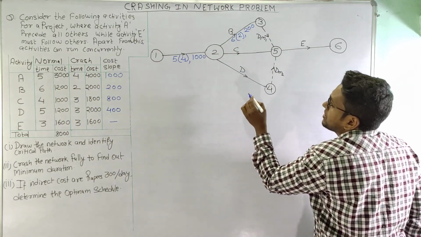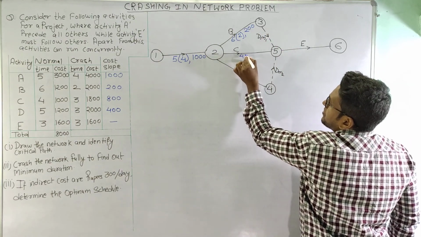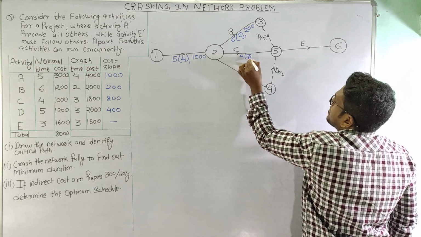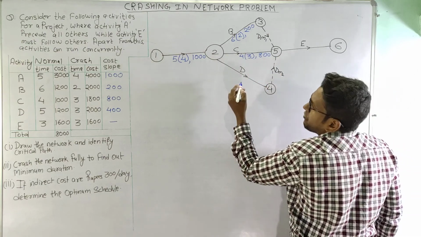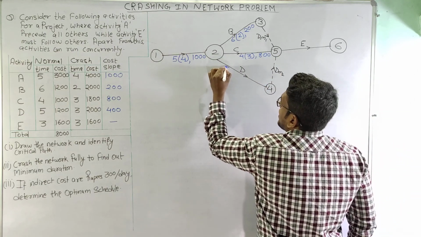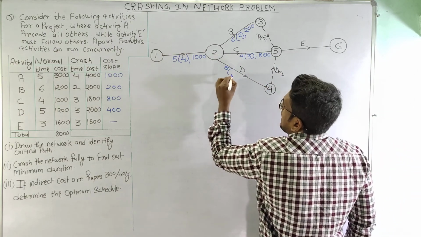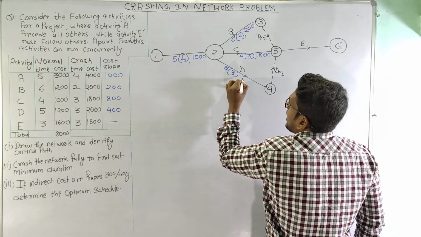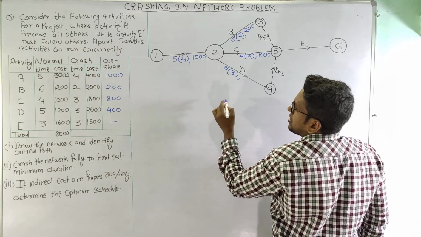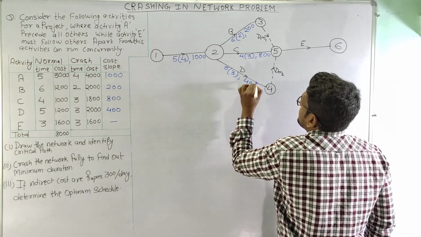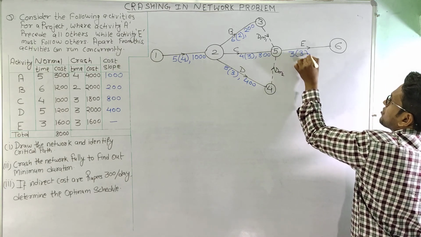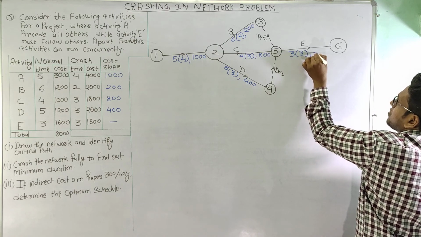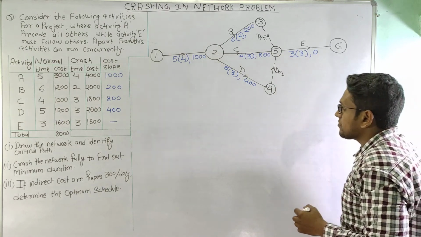Similarly for activity C, normal time is 4, crash time is 3, and the slope is 800. For activity D, normal time is 5, crash time is 3, and the slope is 400. For activity E, normal time is 3, crash time is also 3, and the slope is 0 or nil.